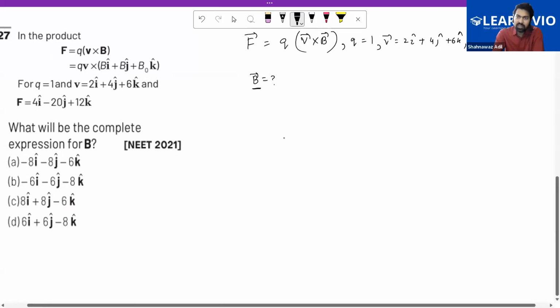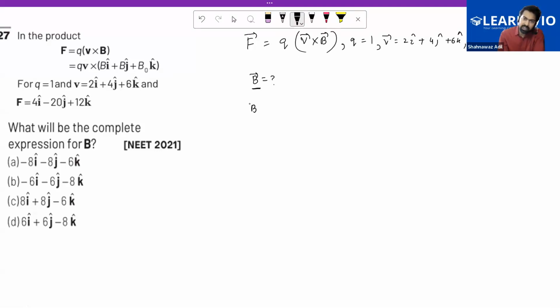We have to find out what this magnetic field is. To calculate the magnetic field, let's say the magnetic field is simply Bx i hat plus By j hat plus Bz k hat.